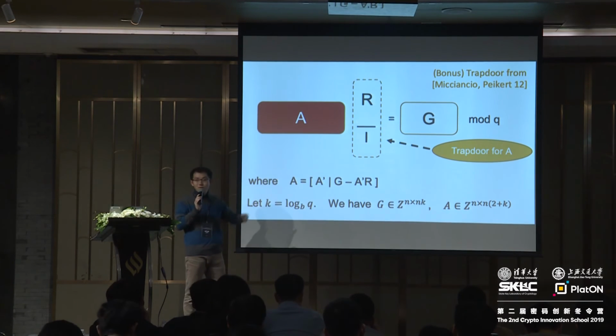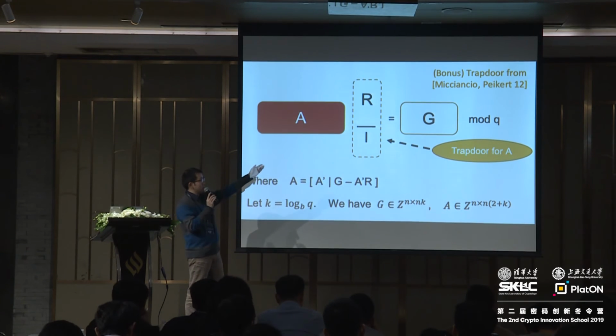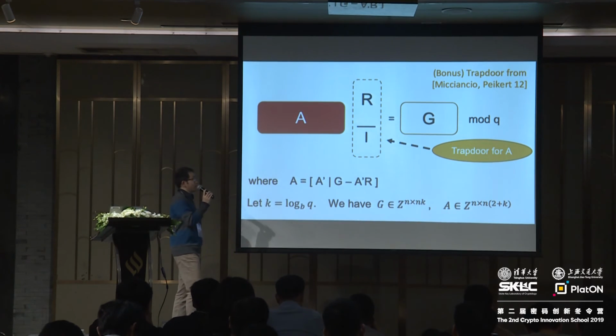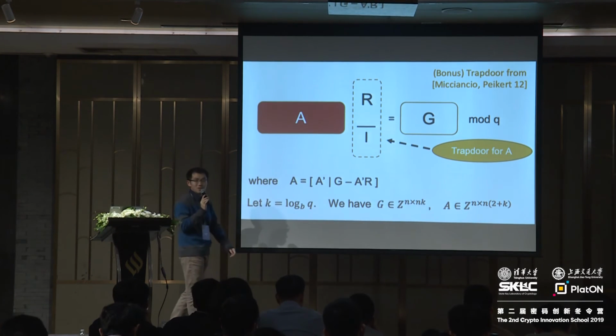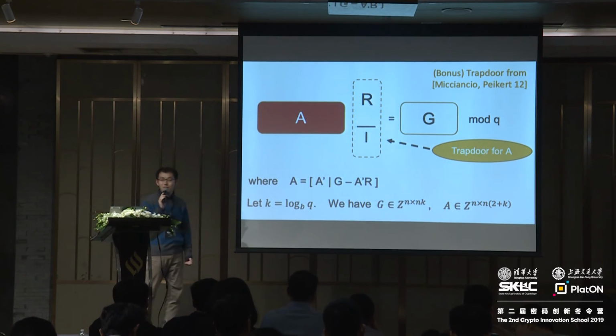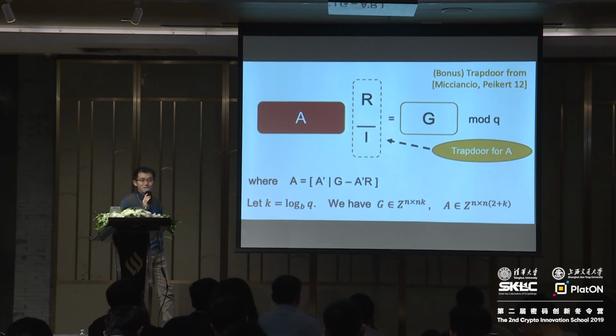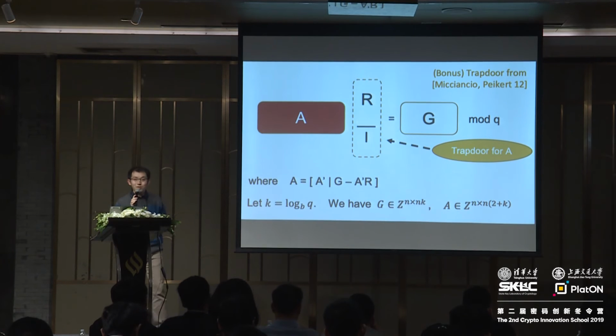So how do you solve SIS given R and I? You can first solve the SIS problem with the gadget matrix G, as I told you in the previous slide, and then multiply on the left by R and I. This gives a short solution for the target over the previous matrix A. So this at least gives you a way to find an arbitrary preimage.